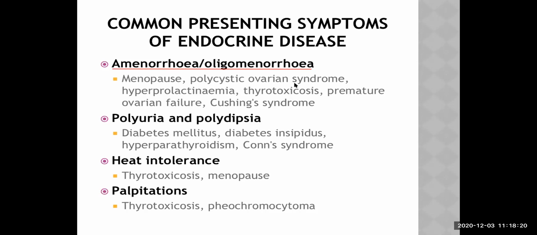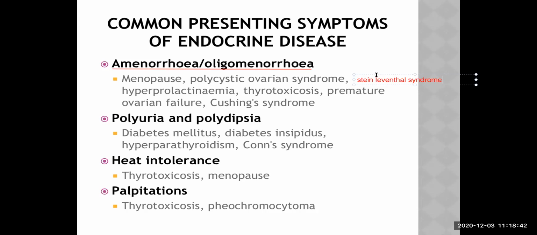Polycystic ovarian syndrome is another disease, also known as Stein-Leventhal syndrome. That is an important question which is asked in the exam, so try to remember the synonym here. Stein-Leventhal syndrome, also known as polycystic ovarian syndrome.